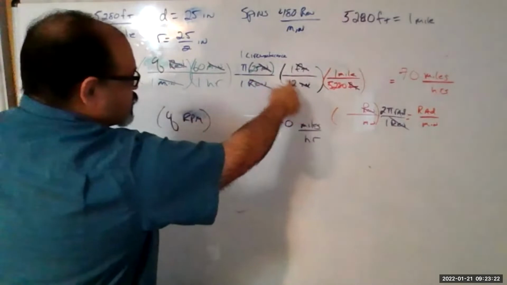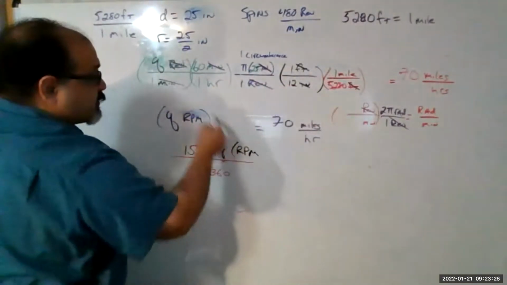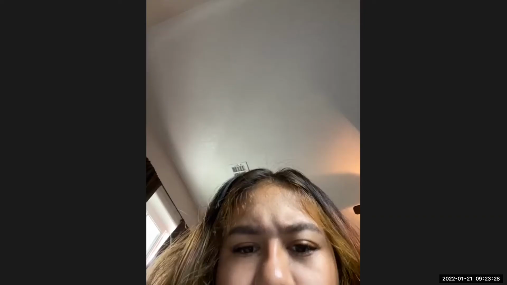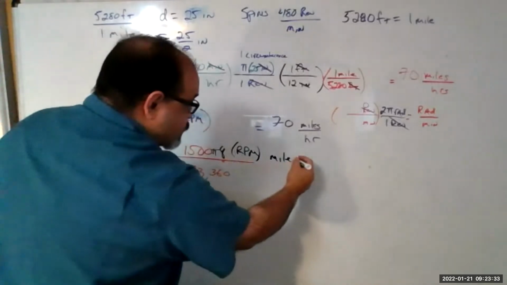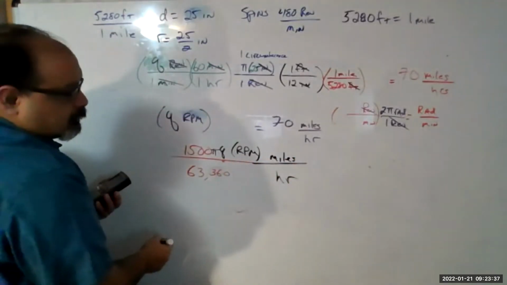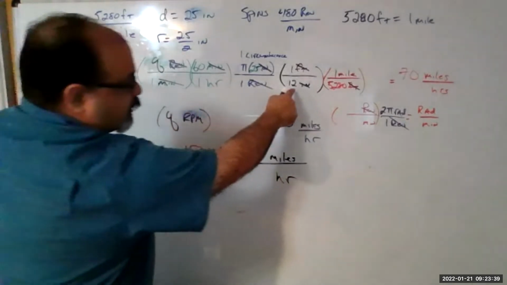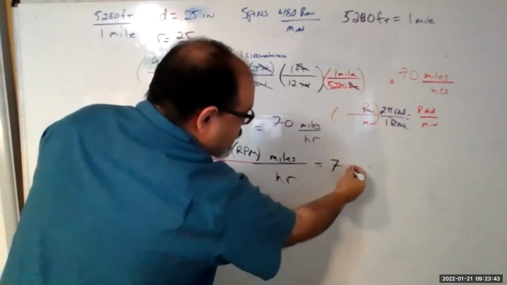Inches would still cancel. Feet would still cancel. I have miles over hours, I still have that though. So revolutions per minute times miles every hour. And the denominator is still 12 times 5,280.